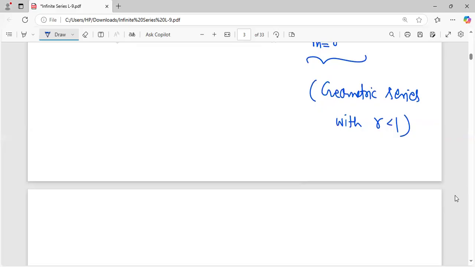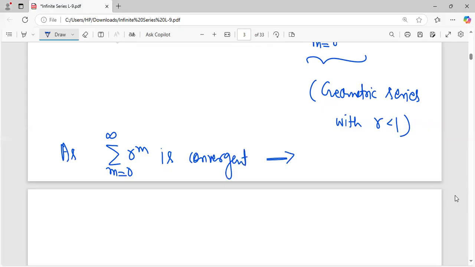Since this series summation m goes from 0 to infinity of R to the power m is convergent, this implies a_n times summation m goes from 0 to infinity of R to the power m is also convergent.